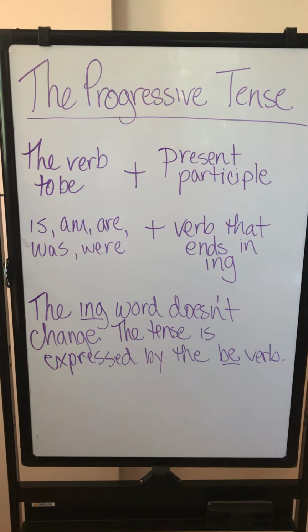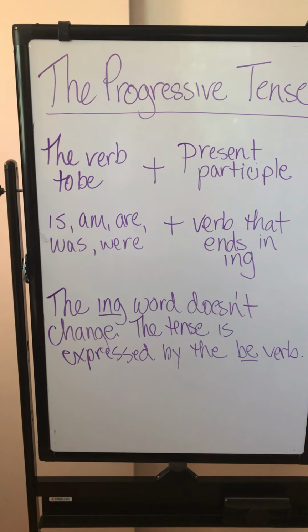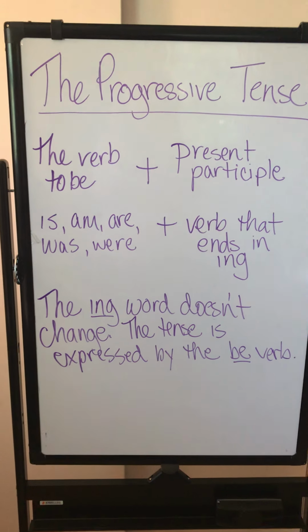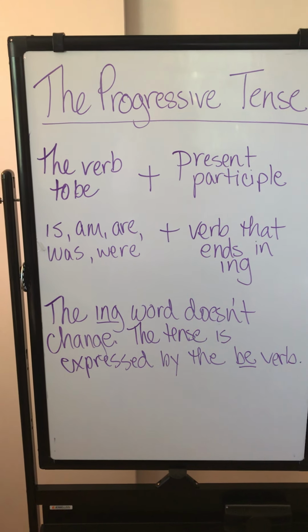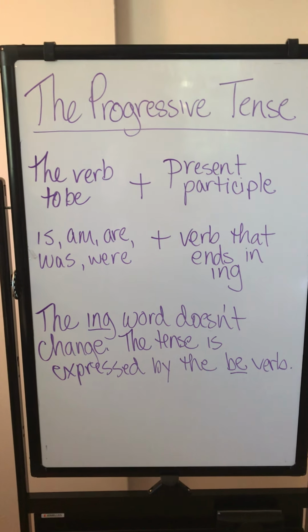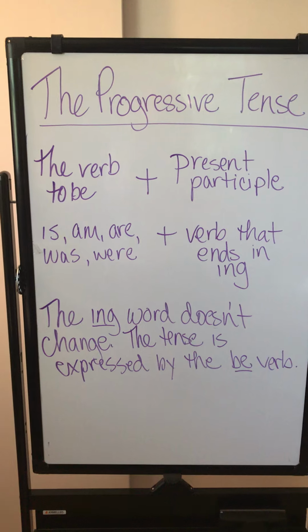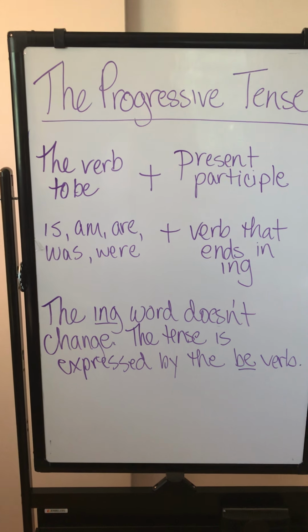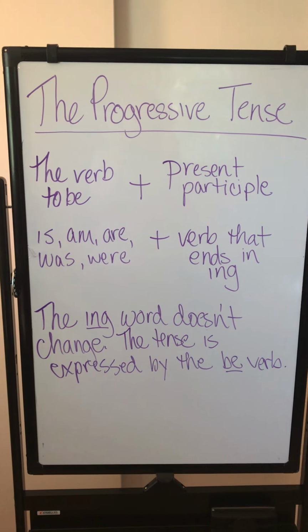To change the tense of the progressive, you don't change the participle. The participle always ends in ing. It's always there. What you change is the tense of the verb to be. And that's what I think is confusing for people, because we always associate ing with present and something that's going on presently.